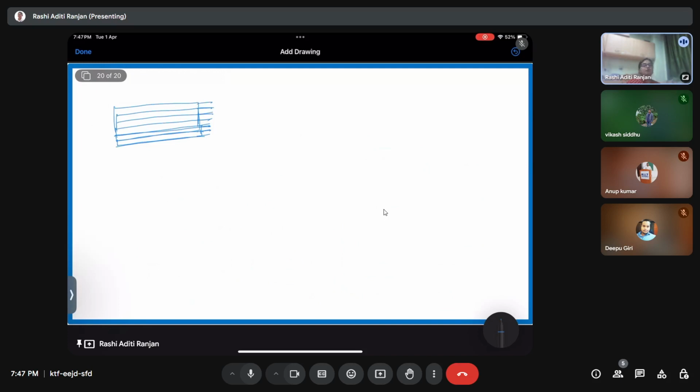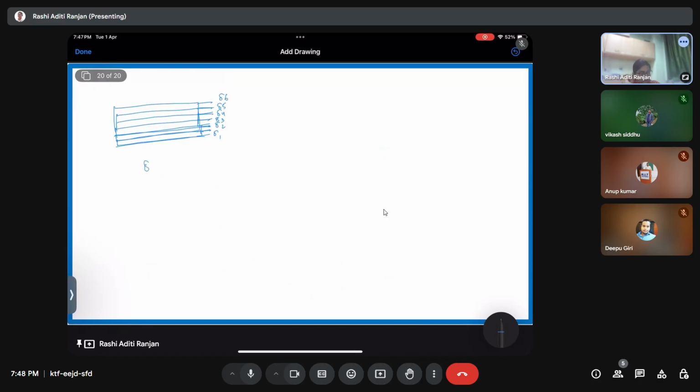Every layer is going to show what? Deformation. Every layer is going to show deformation, right? Now, if every layer is going to show some deformation, what is going to happen? For example, this layer will have delta 1, delta 2, delta 3, delta 4, delta 5, delta 6.